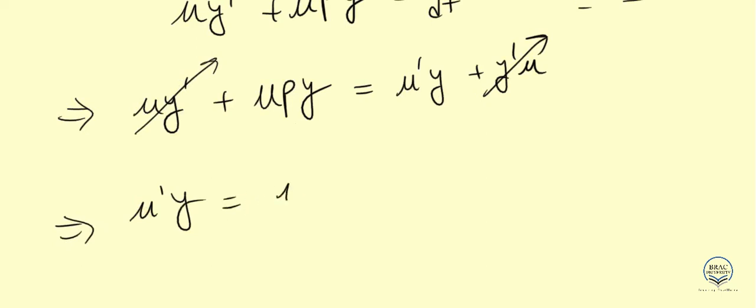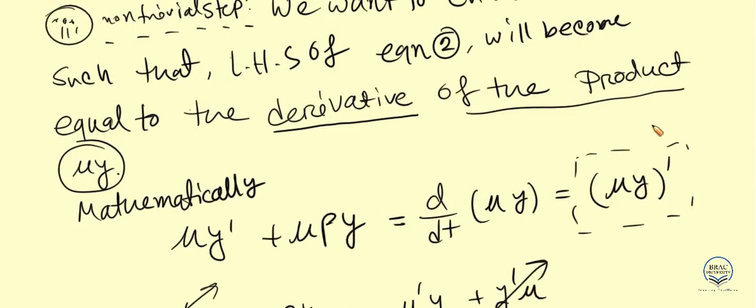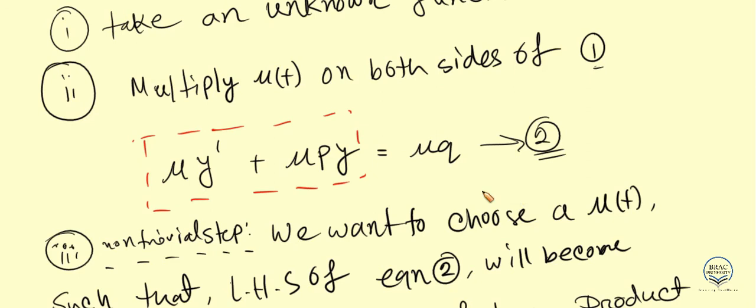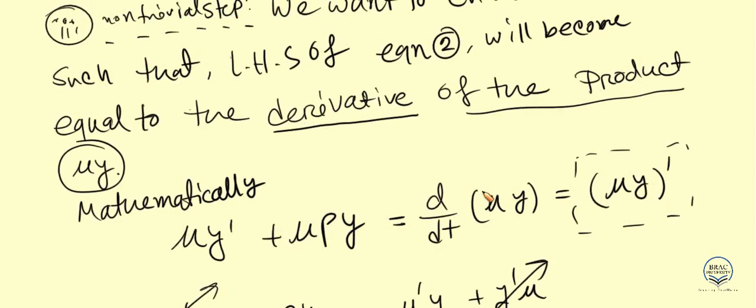is equal to mu p y, right? And we are taking y to be non-zero. Obviously you can take y equal to 0, but that's a trivial solution. By trivial solution I mean if you take y equal to 0, then this equation will be satisfied trivially. So we don't want that.